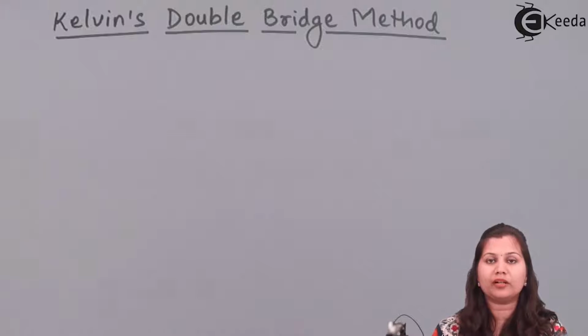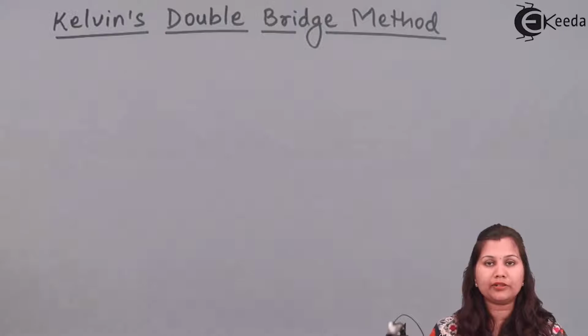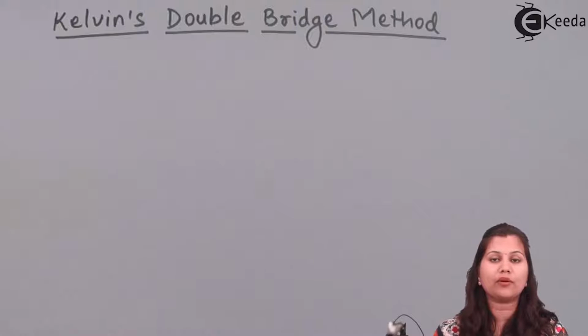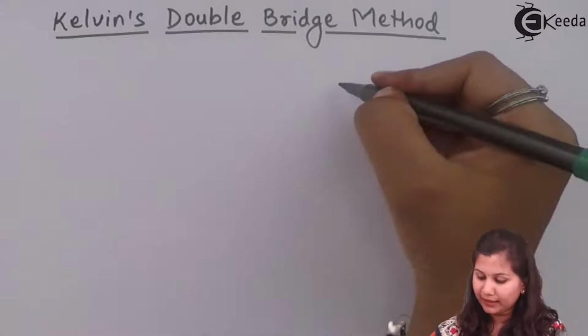We are very much aware that the Wheatstone bridge consists of 4 arms with 4 resistances, and the Wheatstone bridge is said to be balanced when the ratio of the resistances in one arm is equal to the ratio of the resistances in the other arm. So if we draw the circuit for the Wheatstone bridge, it will be like this.